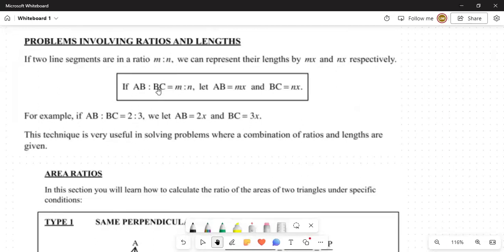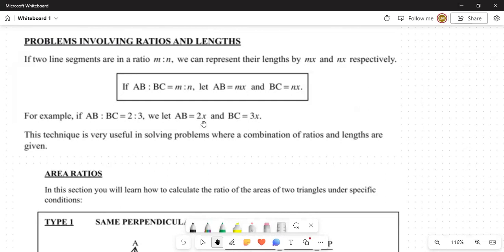They say AB to BC is equal to M to N. So then you're going to let AB be equal to MX. That means that BC is then equal to NX. So if AB to BC is 2 to 3, we're going to say let AB be 2x and BC be 3x. It does not necessarily mean that x is any particular length.